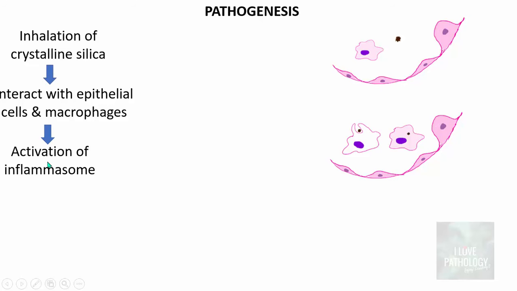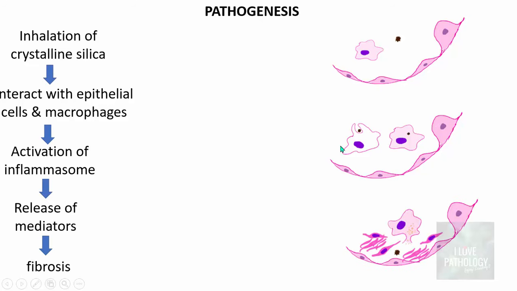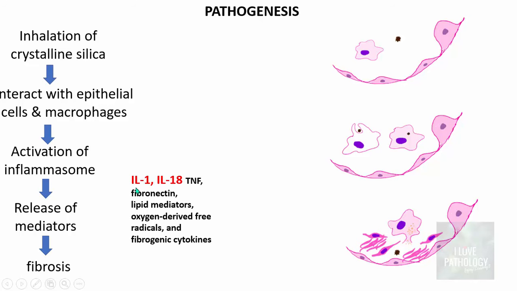Once that happens, there is activation of the inflammasome, and the macrophages release mediators like interleukin 1, interleukin 18, tumor necrosis factor, fibronectin, lipid mediators, oxygen-derived free radicals and fibrogenic cytokines. They stimulate the proliferation of fibroblasts, and that results in deposition of collagen. Remember, crystalline silica is extremely fibrogenic.